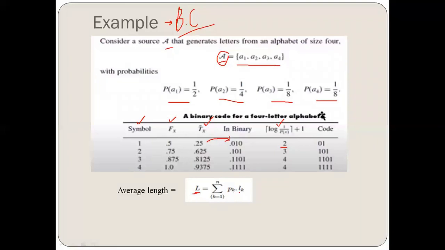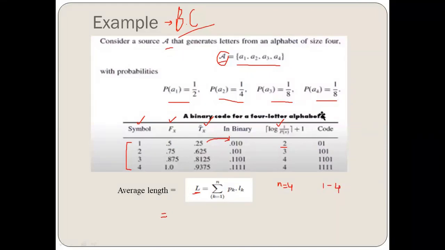That means the length of a code is multiplied with the probability of the code, and that is summed up from 1 to n. Here we have 4 symbols, so the value of n is 4, and we calculate from k equal to 1 to 4.